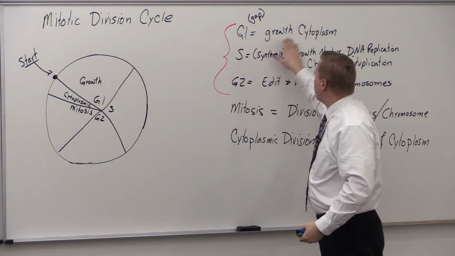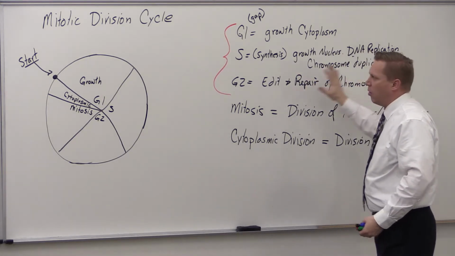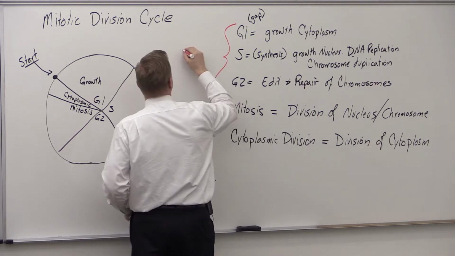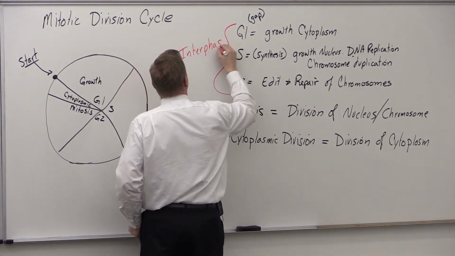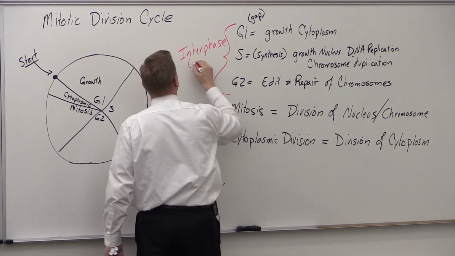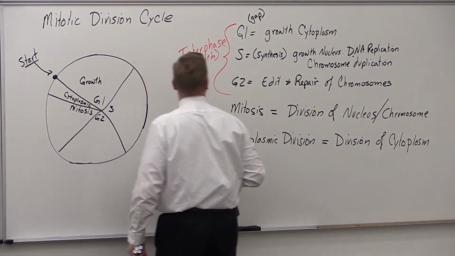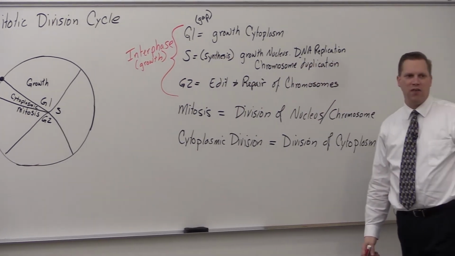So all of these, whether it's doubling of the cytoplasm or doubling of the chromosomes, these are all associated with doubling. And we call this interphase. All of those together, we'll put this is the growth phase, if you will, to summarize what happens there, occurs in interphase.